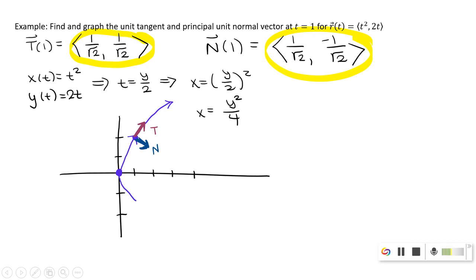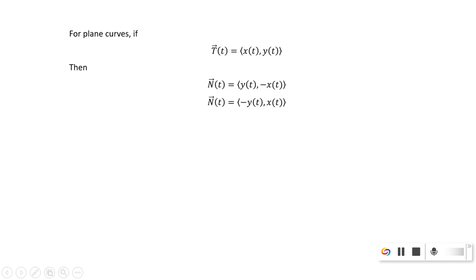Let me see if I can write that down a little bit more formally for you. There we go. So if you're in 2 dimensions, if you have a plane curve and your tangent vector is given by some x of t, y of t, because your normal vector is perpendicular, you can actually just switch the x and the y's, and then one of them is going to become negative.